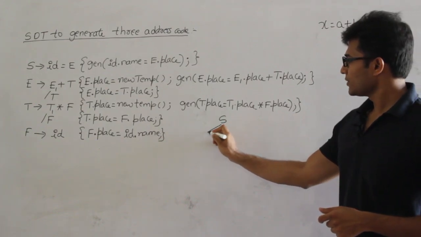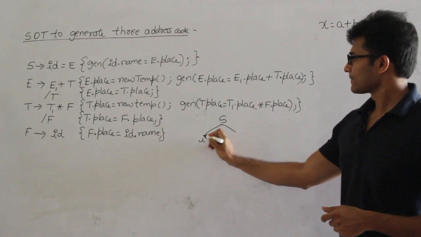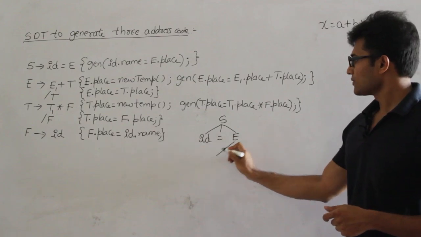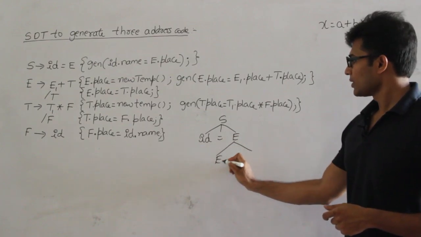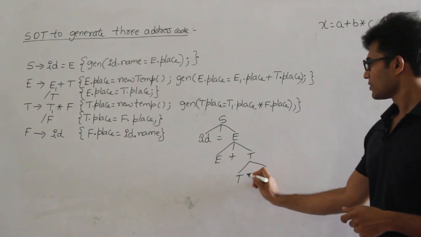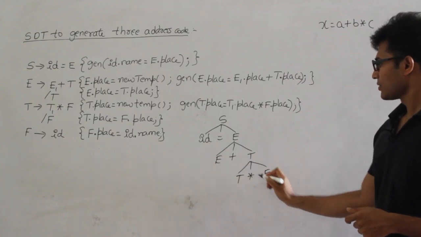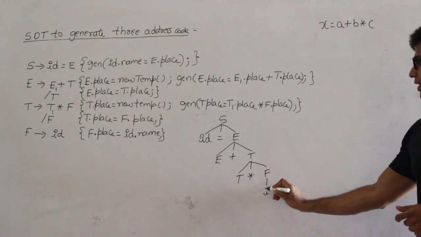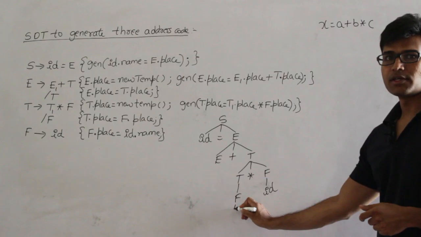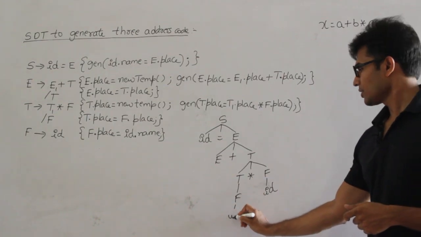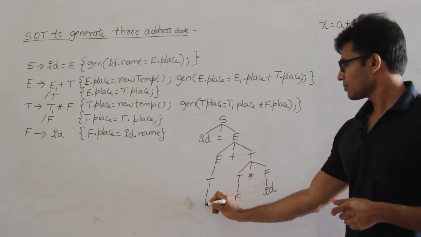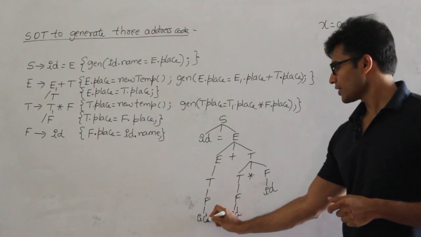A statement can be identifier equal to expression, and the expression can be expression plus term, and term can be term into factor, and a factor can be simply an identifier, and a term can be a factor, and factor can be an identifier, and expression can be term can be factor can be identifier.